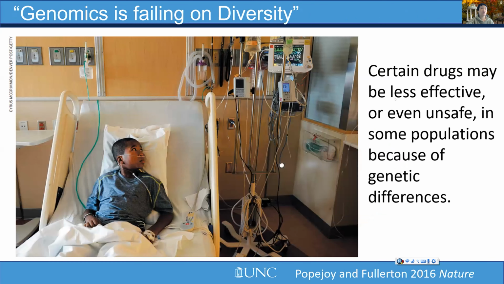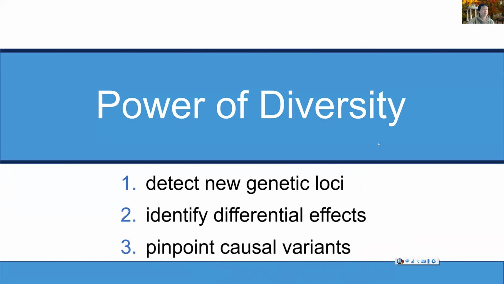We know a lot of drugs, at least certain drugs, are less effective, even unsafe in some diverse ancestral groups because of the genetic differences. So it's not only necessary, but absolutely urgent for us to take this into serious consideration to avoid a further exacerbation of health disparities.